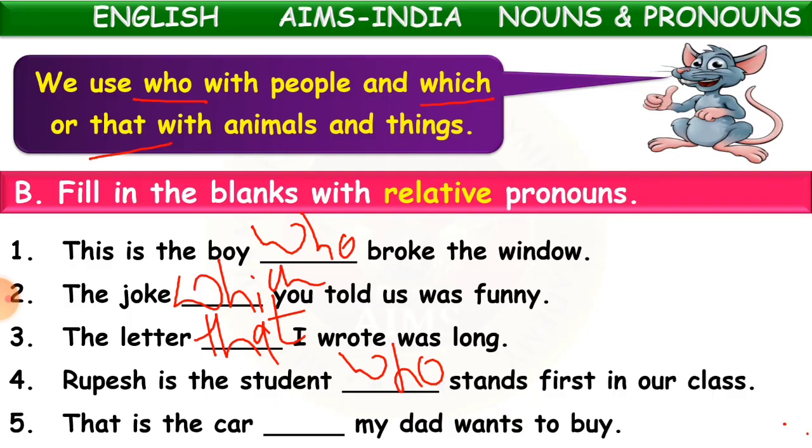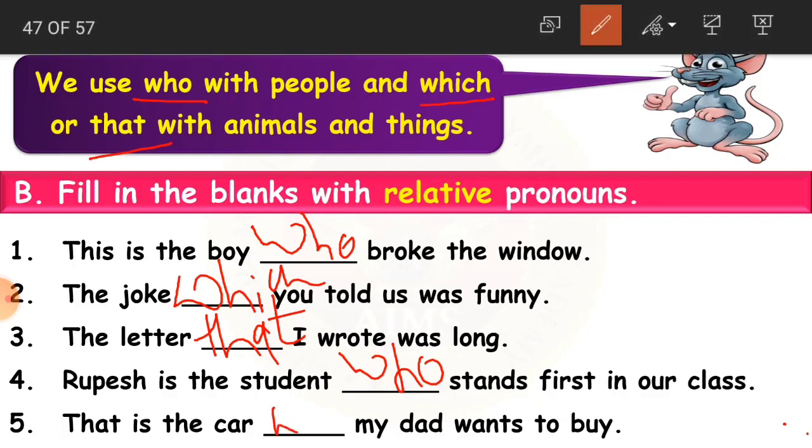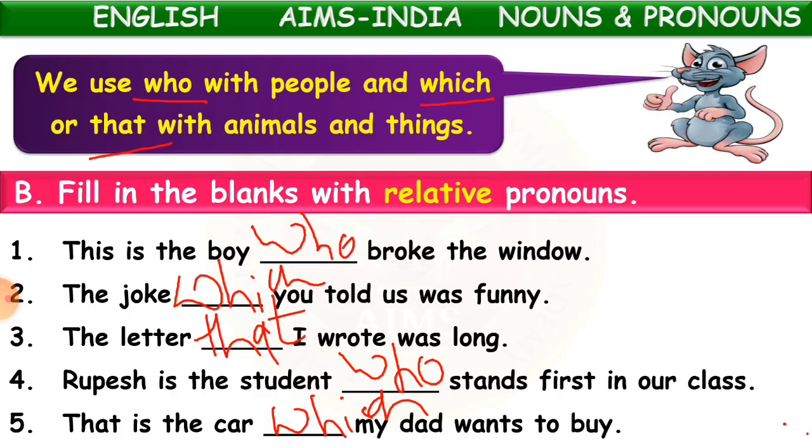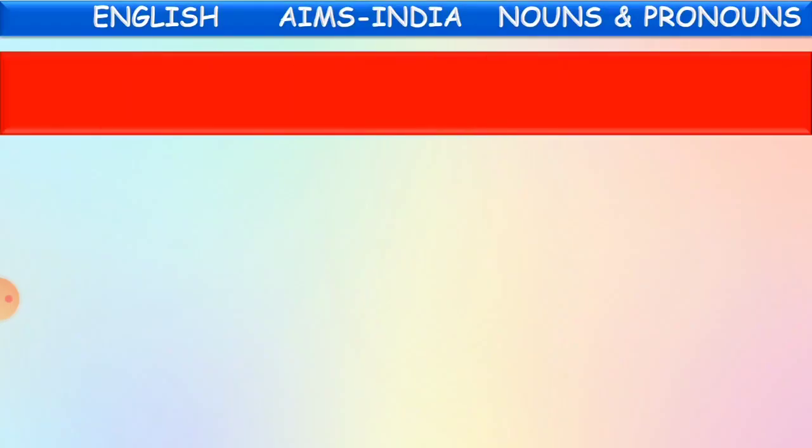That is the car which my dad wants to buy. So we'll just write it here, which my dad wants to buy. So clear, children? Like this, it is going to be addressed with who, which or that, regarding relative pronouns. Clear?